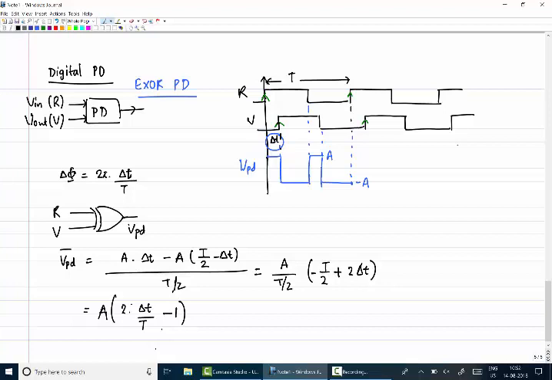Okay, this is 4, right? So if I want to write this in terms of phase, I have 2 pi delta T by T, so this is 2 by pi times delta phi, the phase error, minus 1.